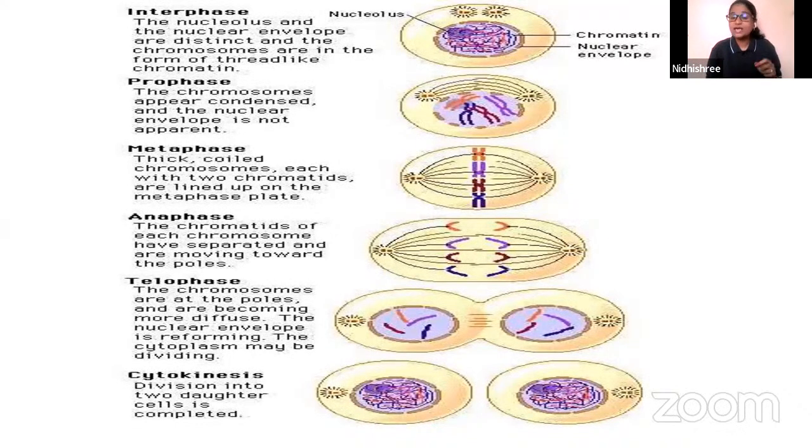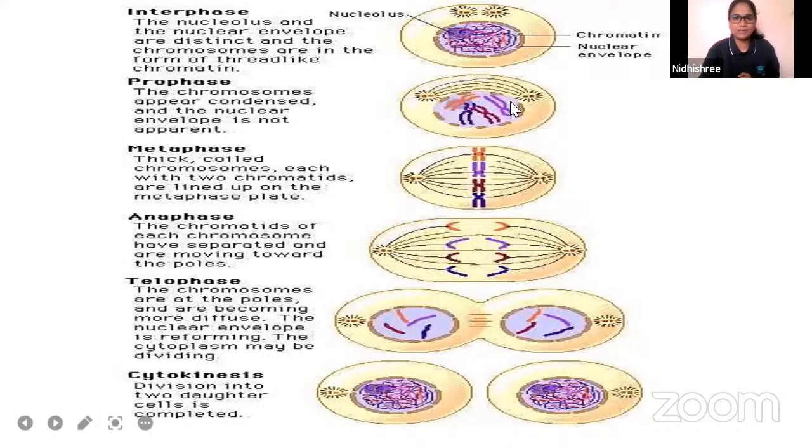I am saying this because they might ask the question. Suppose you are given a microscope and you are observing a cell in interphase. If they ask what all you can see inside the cell, you should know: nucleolus, nuclear envelope as well as chromosomes in the form of thread-like structure which is called chromatin.